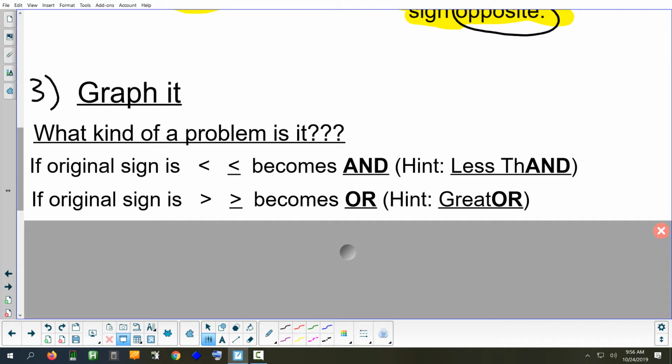Instead of greater, say greator. Greater is an or. So less than, you write the word and. If you have a greater symbol, you're going to write the word or. Doesn't matter if it's greater than or equal. They're both greater. So greater becomes an or.